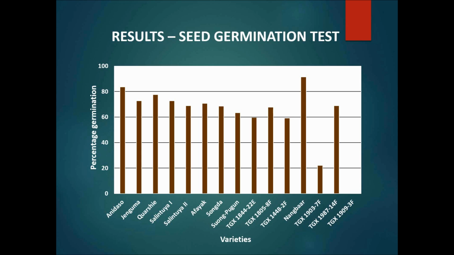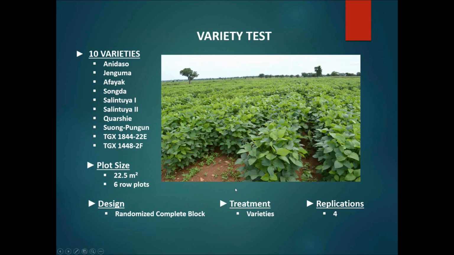I would want to mention that 5 varieties were collected from Kumasi, that's CRI, which were also added to this, making 15 varieties that were tested. Now, for the variety tests, we had them located in 3 locations.